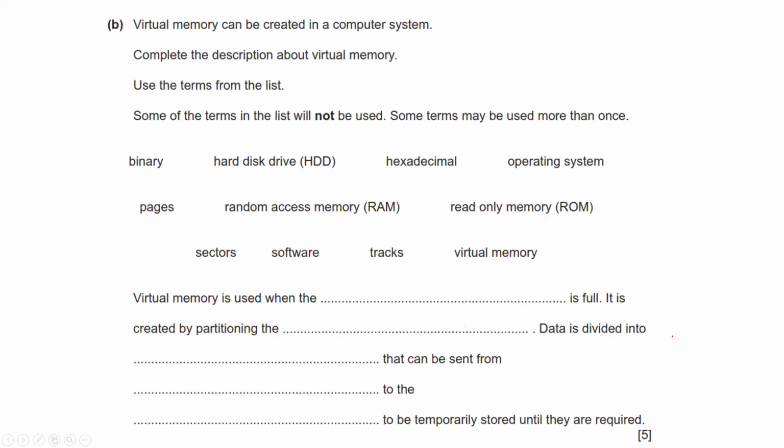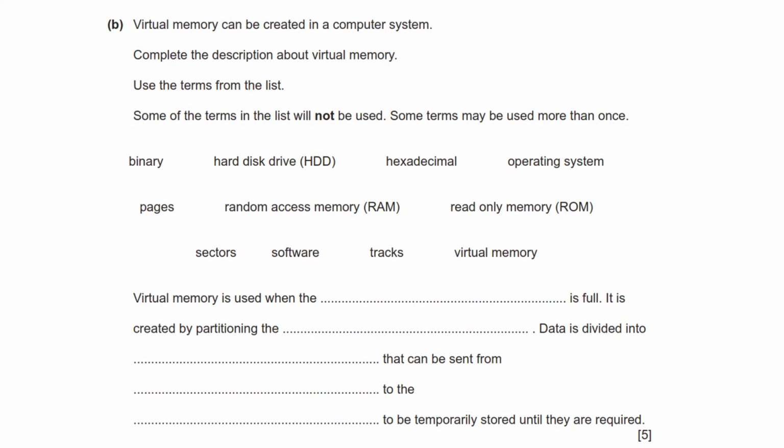Okay. So going ahead, it says part B, a virtual memory can be created in a computer system. Complete the description about the virtual memory. Use the terms from the list. Some of the terms in the list will not be used. Some of them may be used more than once. Okay.